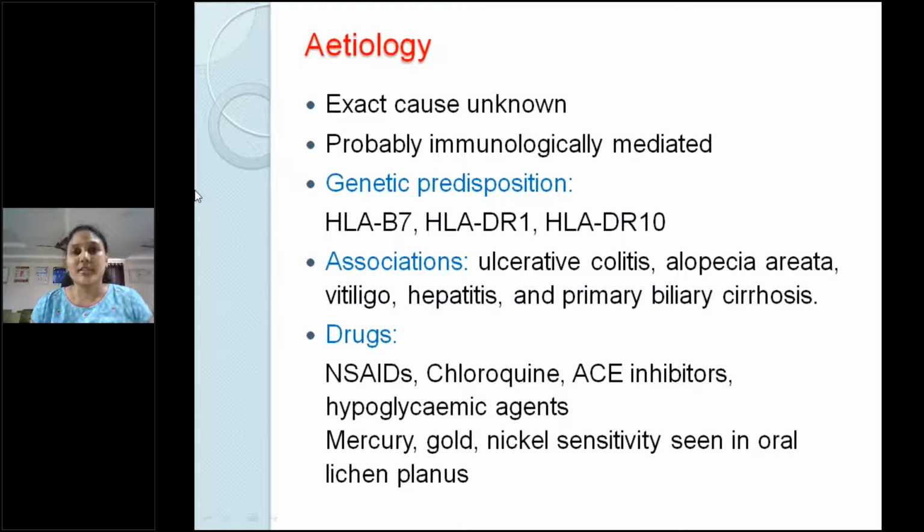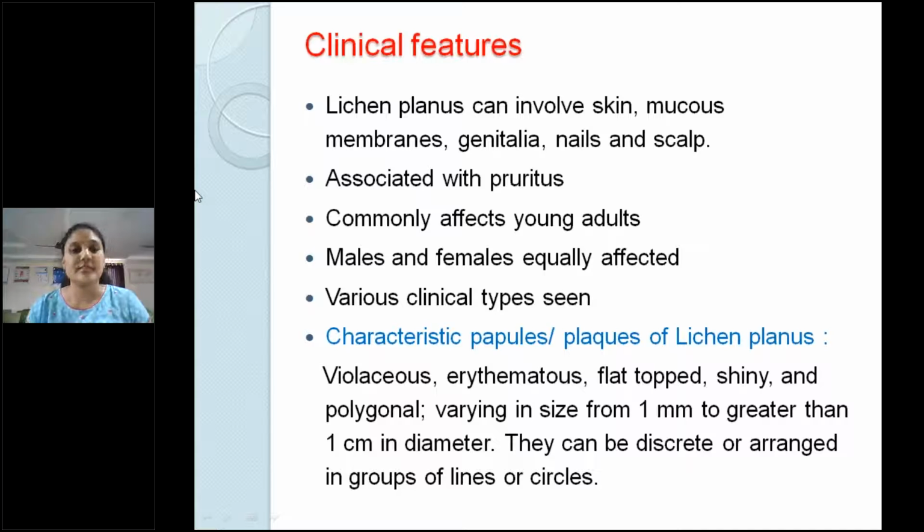And also there are certain drugs which are associated with lichen planus, like NSAIDs, chloroquine, ACE inhibitors, and hypoglycemic agents, and mercury, gold, nickel, also seen in oral lichen planus. This mercury, gold, nickel sensitivity is seen in oral lichen planus, usually from materials used by dentists.